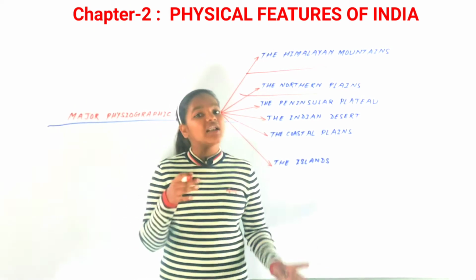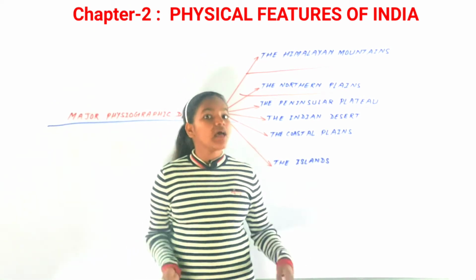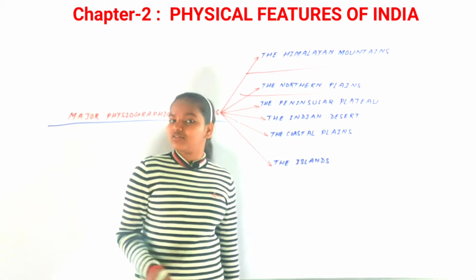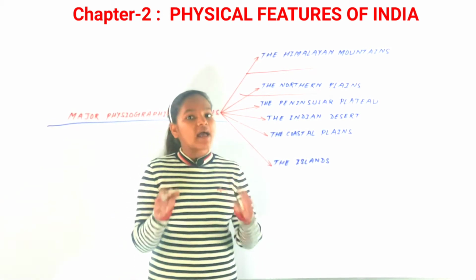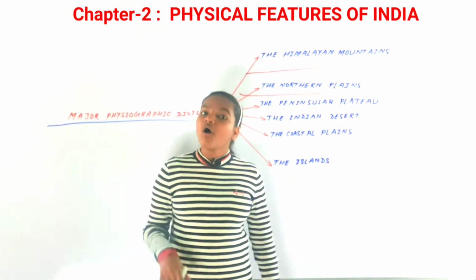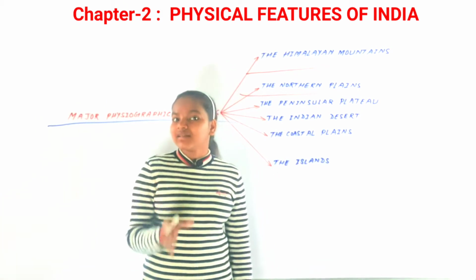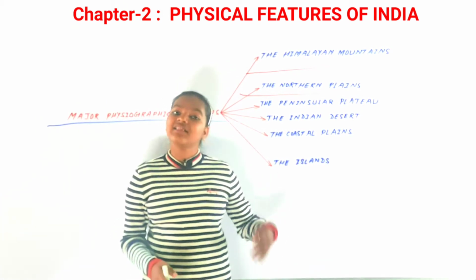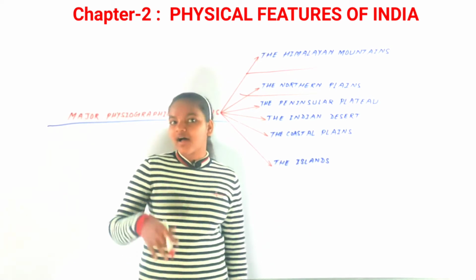As all of you know, earlier Pakistan was a part of India, but after the partition most of this plain went to Pakistan. It is the largest part of the northern plain, and it lies mostly in Pakistan and partly in India as well.